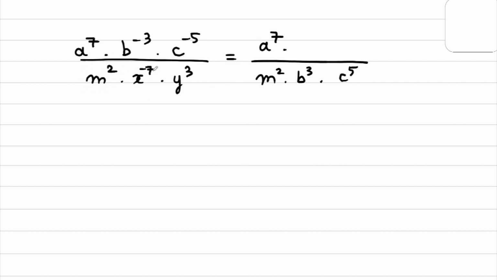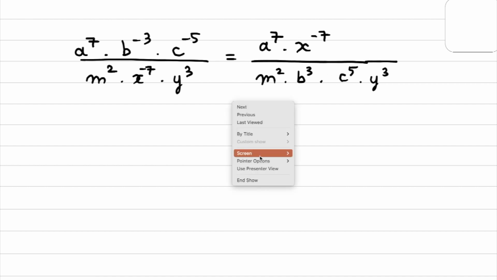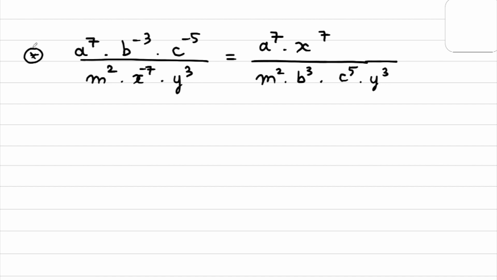X to the power of negative 7: from the bottom, I move it to the numerator. Minus 7 here is... So how about y cubed? Y cubed is a positive index, so I will keep it unchanged in the denominator position. So I will have the answer like here. Sorry, this is 7, it's not minus 7. Okay, that's it. We finish this question.